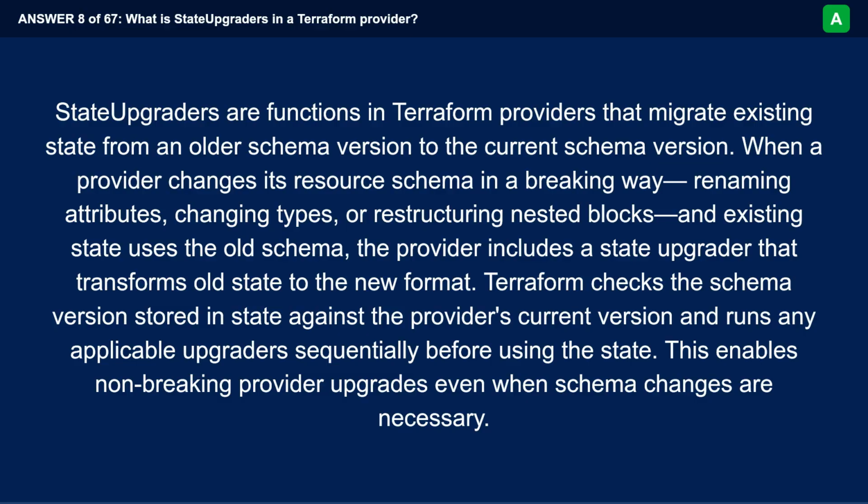The provider includes a state upgrader that transforms old state to the new format. Terraform checks the schema version stored in state against the provider's current version and runs any applicable upgraders sequentially before using the state. This enables non-breaking provider upgrades even when schema changes are necessary.